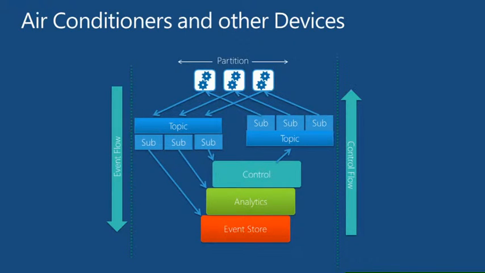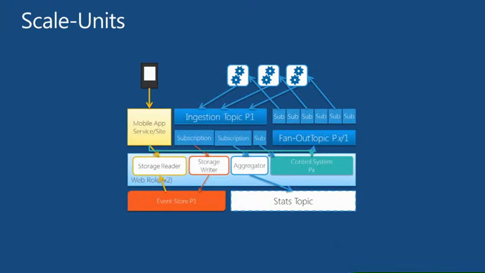So you have a command and control path on the right side, which is about a topic that sends into subscriptions. I'm going to detail that. And then you have a telemetry path, which also goes into the topic, into control analytics and event systems.